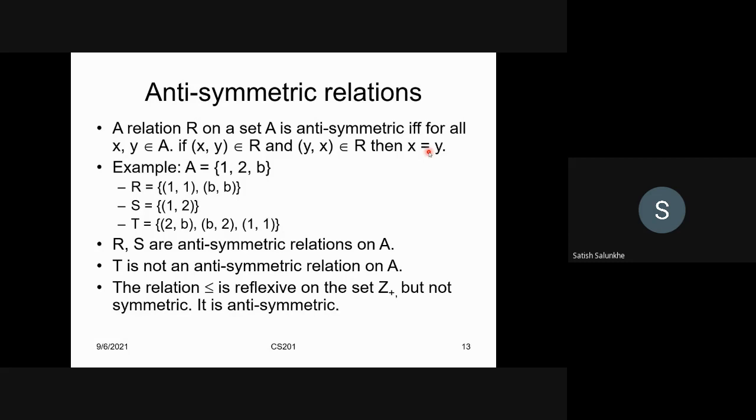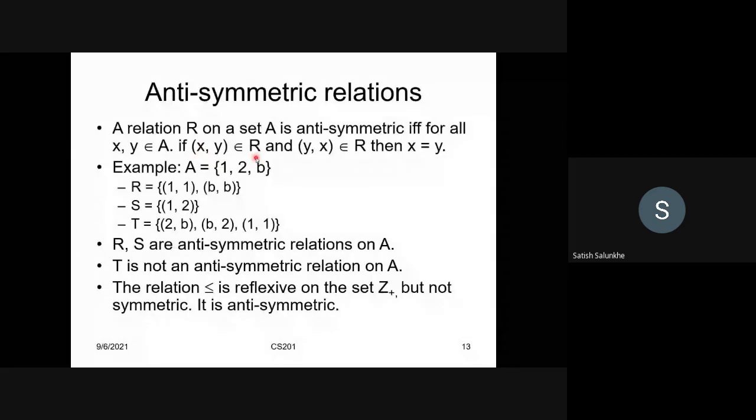Then and only then is the relation anti-symmetric. Please try to understand again the difference between symmetric and anti-symmetric. In a symmetric relation, if (x,y) belongs to R, (y,x) should also belong to R. There is no stringent condition that x and y should be same or different. That's it.